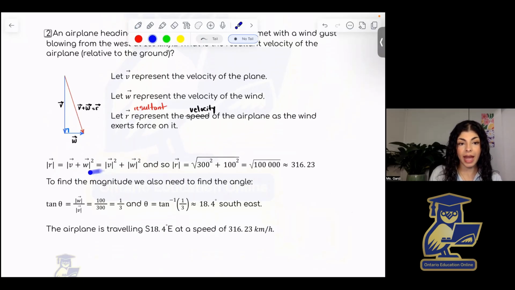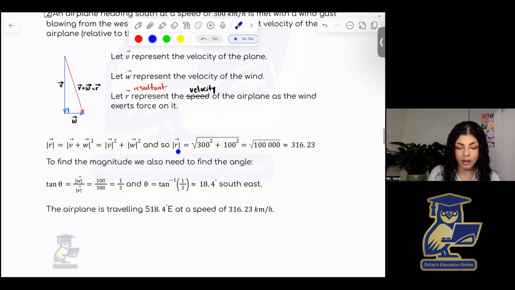This is from the Pythagorean theorem, where we get the magnitude of V squared plus the magnitude of W squared, the hypotenuse squared. So R is going to be the square root of 300 squared plus 100 squared, and this is approximately 316.23 kilometers per hour.